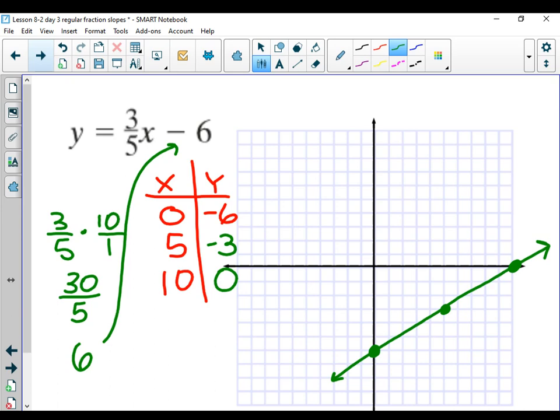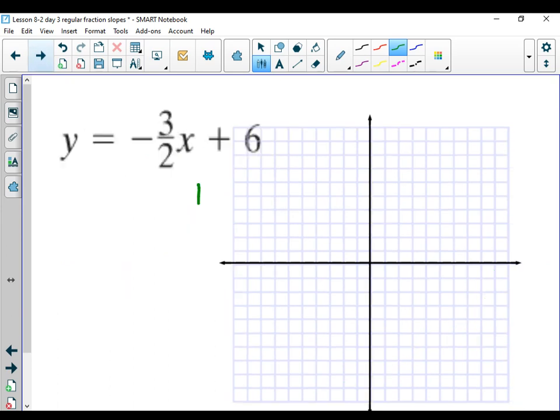Ready for our last one? Yeah. What's the bottom number? 2. 2 is the boss of us right now. What can we break into 2s? 0. You could do 4, and it would just be 2. 8.